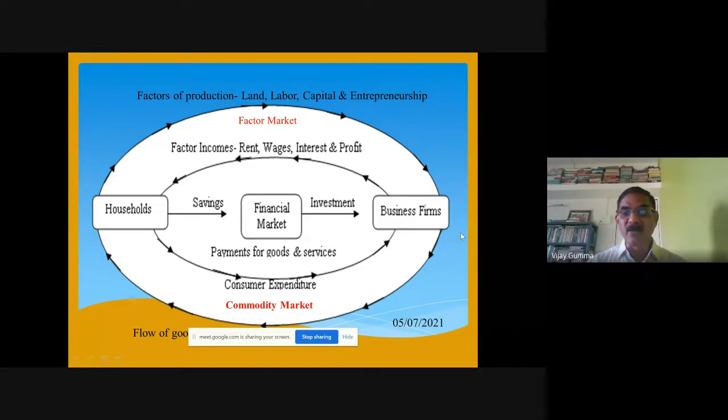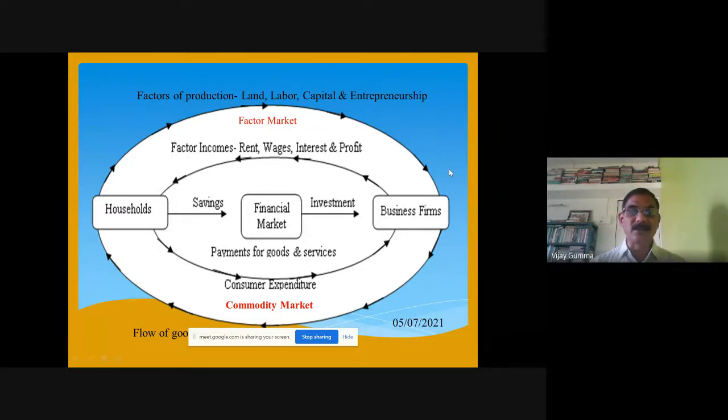The more the income of the business firm sector, the greater will be the production of goods and services. In short, more income means more expenditure. More expenditure means greater production of goods and services.